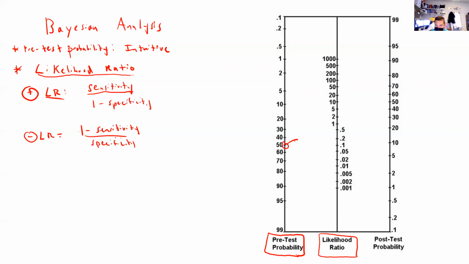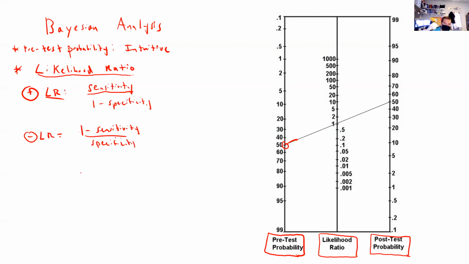What that does is not change my post-test probability at all. If it has a likelihood ratio of 1, that physical exam sign is useless. It doesn't make the post-test probability of disease more increased or less increased.